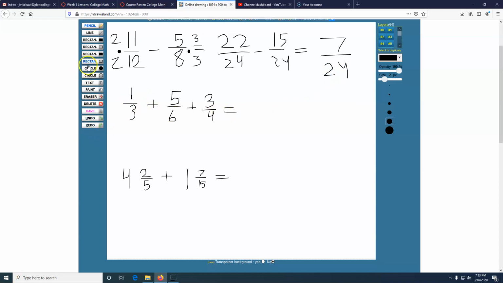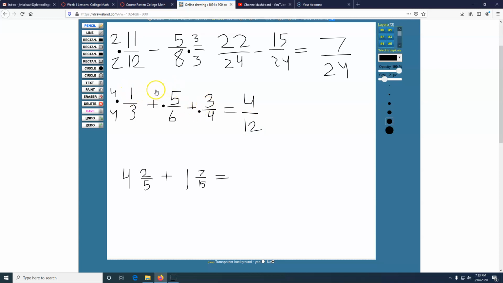For this one, again, same concept, 3, 6, and 4. Turns out their lowest common denominator is 12. So we will multiply each of them. The first one is going to be multiplied by 4 to give us 4 over 12.